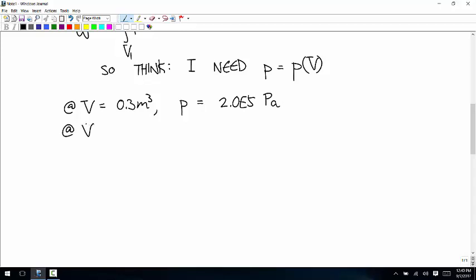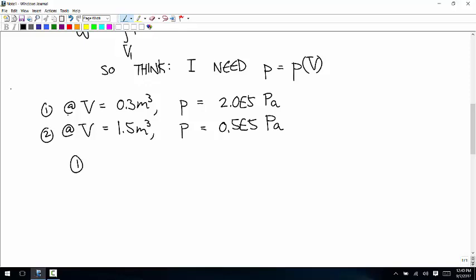And at a volume of 1.5 meters cubed, the pressure is 0.5 times 10 to the 5 pascals. And that's just going to let us set up a system of two equations for two variables. So this will be our first equation. This will be our second equation.